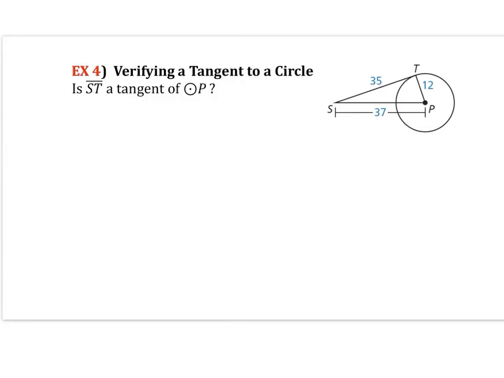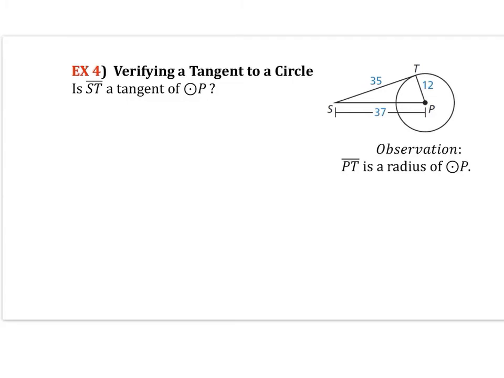So all we need to prove here is that we've got perpendicular right here at the tangent and the radius. If the tangent and the radius form a right angle, in other words, if this is a right triangle, then we have proven that ST is tangent to circle P.